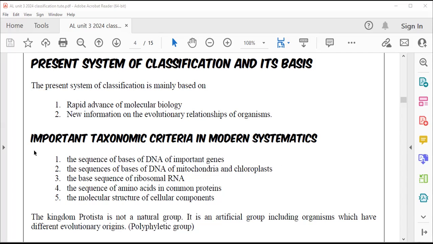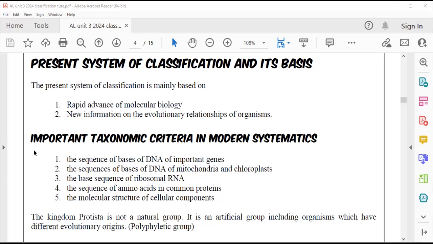See the criteria. One criteria: nitrogen base sequence of DNA of important genes. Do you have knowledge about the nitrogen base sequence? Tell me first.